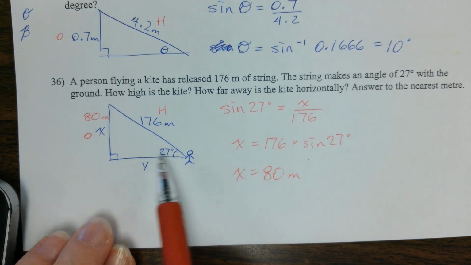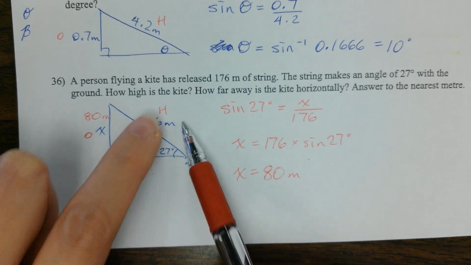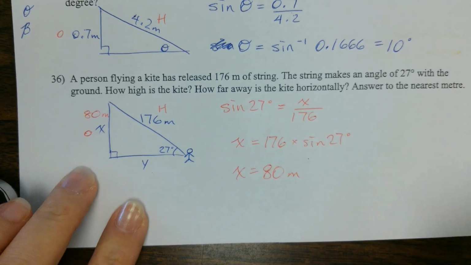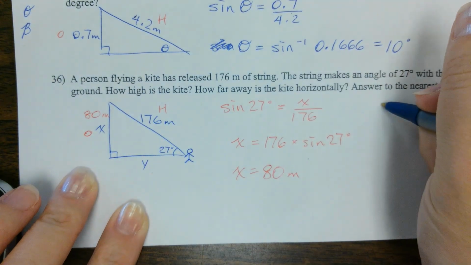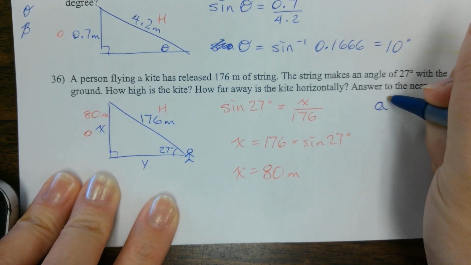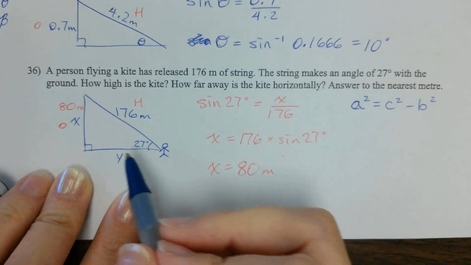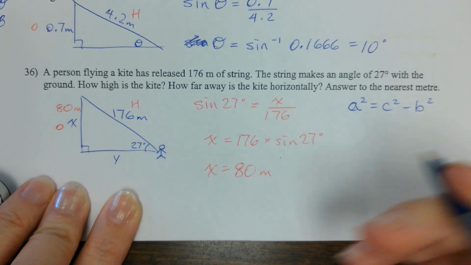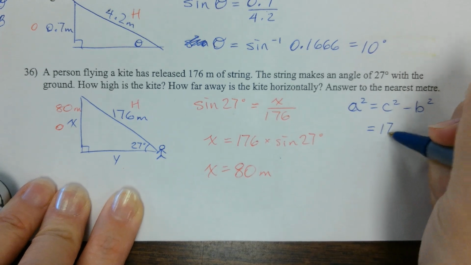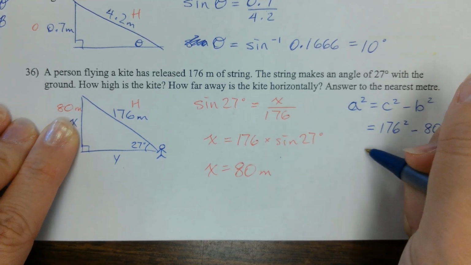I could either do SOHCAHTOA again using adjacent over hypotenuse, or the Pythagorean theorem. Use the easy methods: c squared minus b squared, since I'm looking for the odd length. So 176 squared, take away 80 squared.